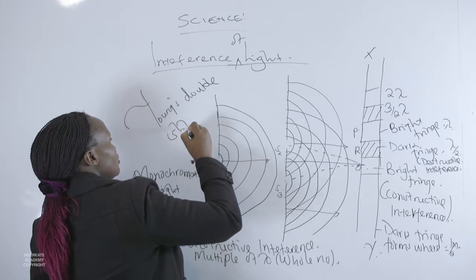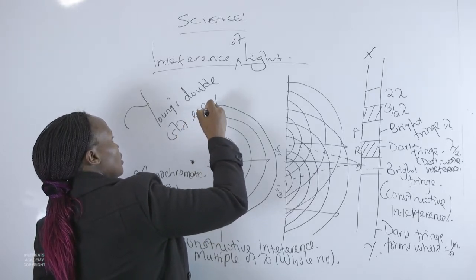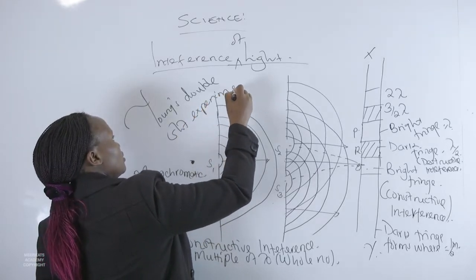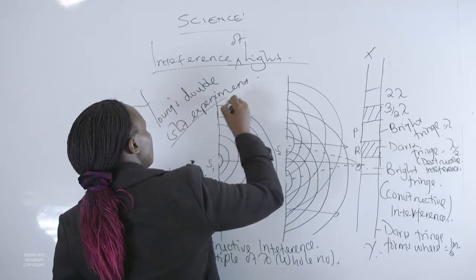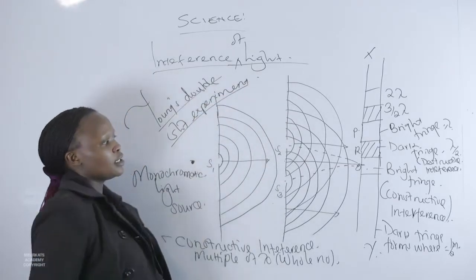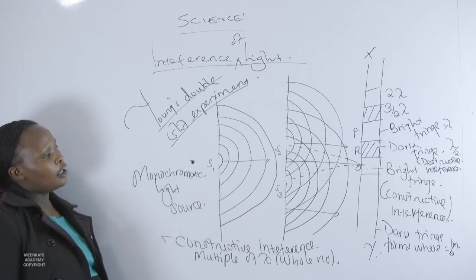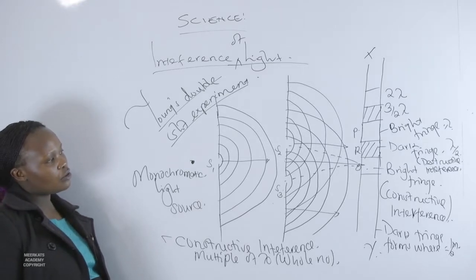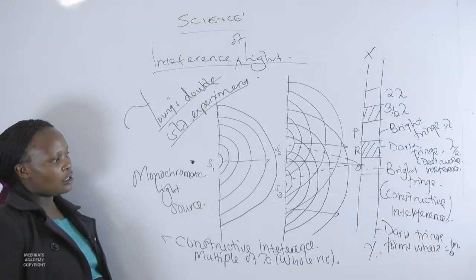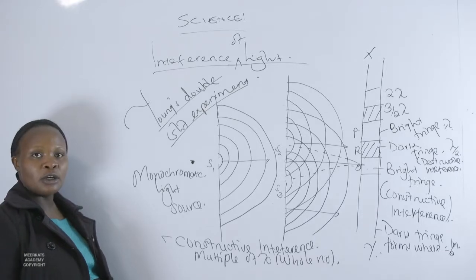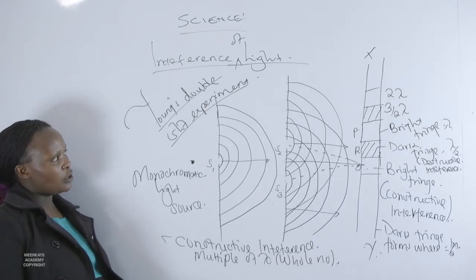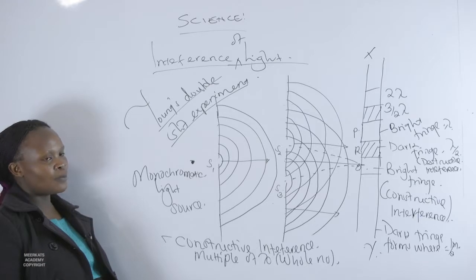Young's double-slit experiment. The Young's double-slit experiment is what we use to demonstrate the interference patterns of light waves.